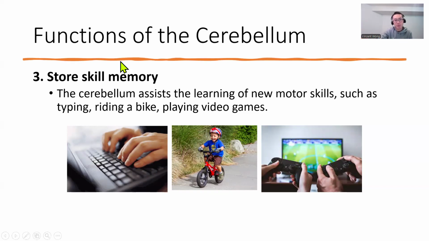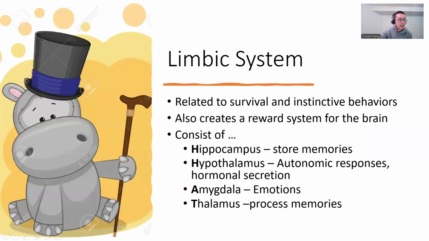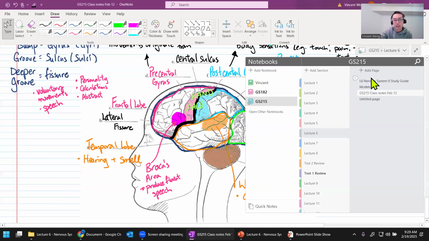So there is an adjusting period where you need to rewire the cerebellum connection to get used to the new keyboard. Riding a bike, playing video games, pressing those buttons, those are examples of skill memories, and they're stored in the cerebellum.